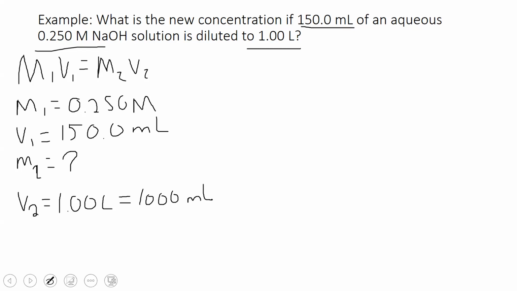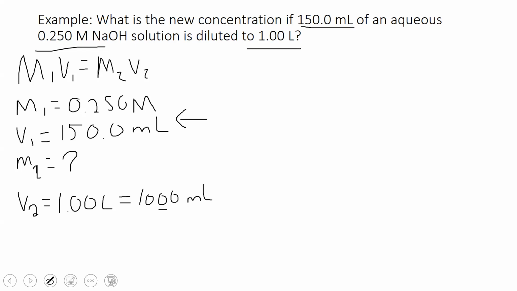milliliters. I convert that to milliliters because you'll notice the other volume is already in milliliters, and as long as we have those in the same units, the cancellations will work to make the calculation very easy.